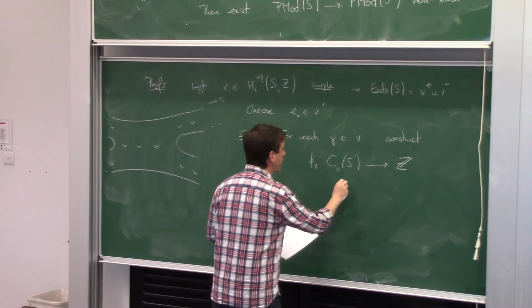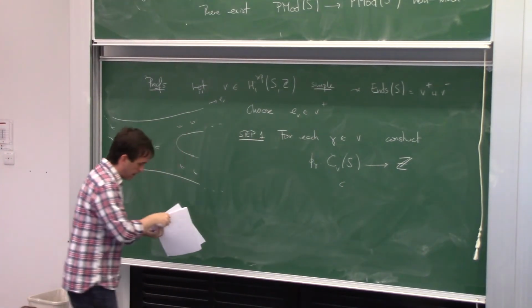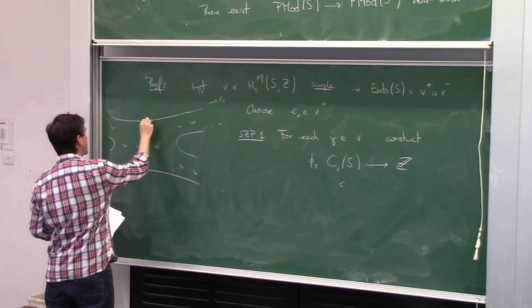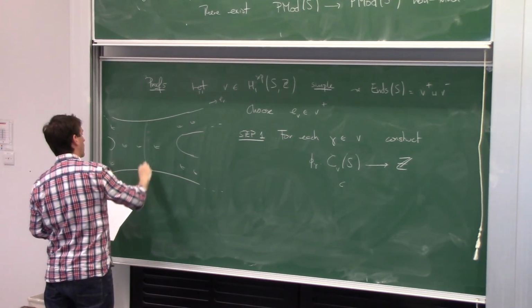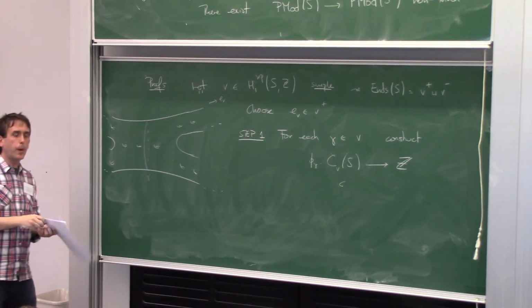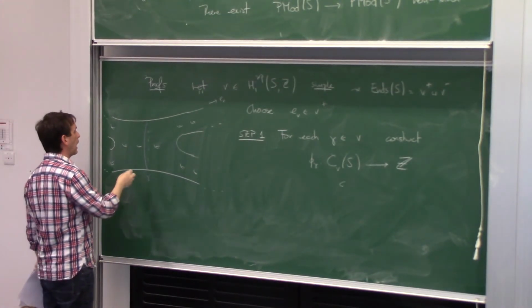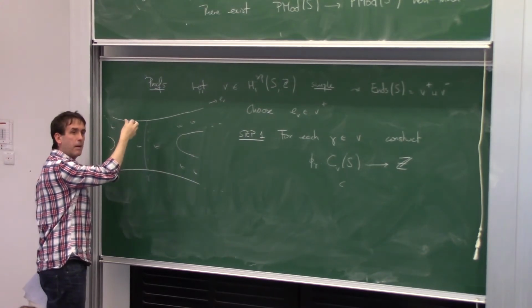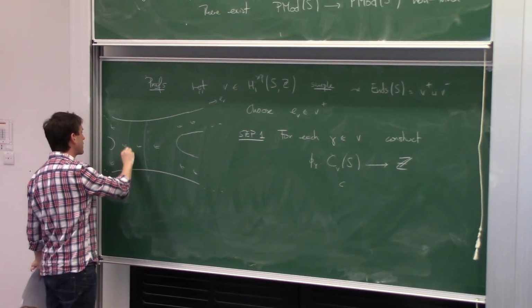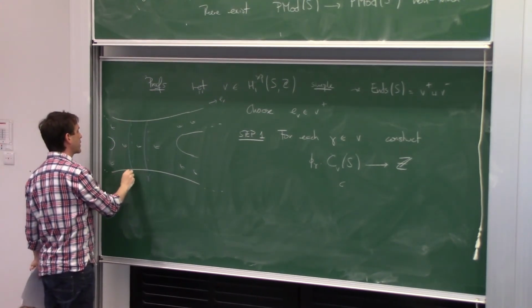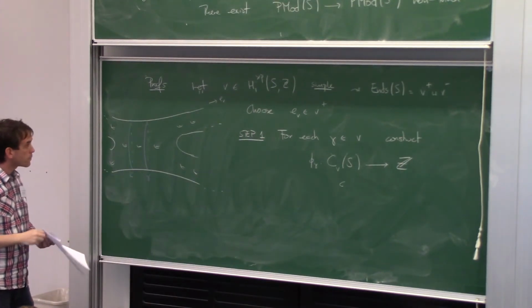Let's suppose I give you a curve here, C. So here's gamma. Gamma is here. And let's suppose that I give you some C. And C doesn't need to be disjoint from gamma, but let's suppose that it is, because it's easier to see. This gives you the clue why the map is non-trivial.